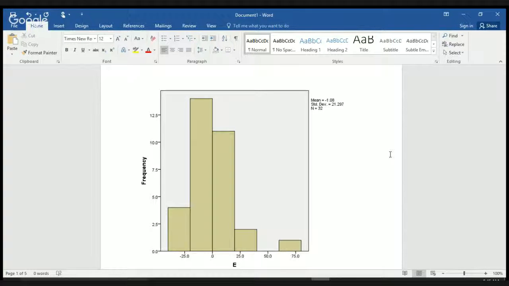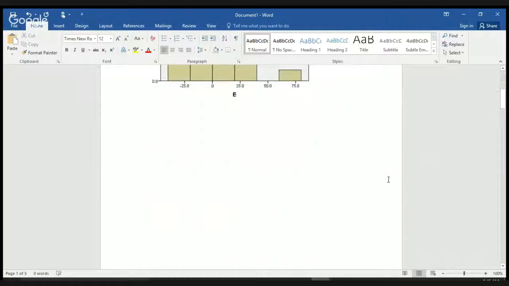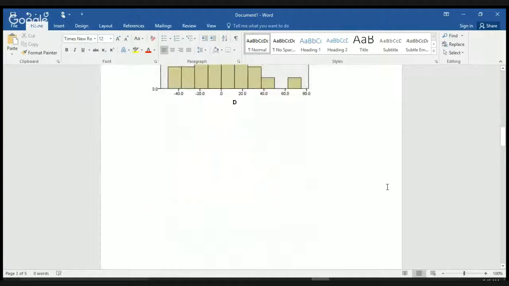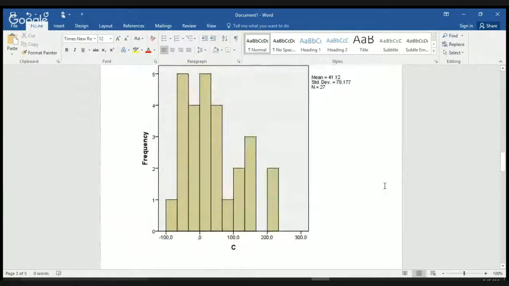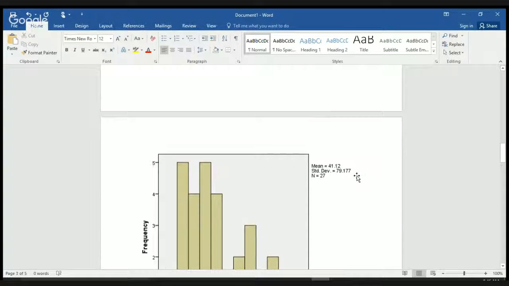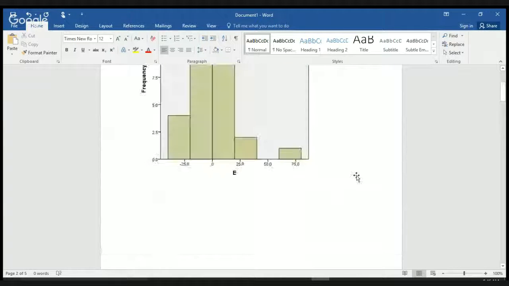Okay, so if you're saving for retirement, which of these would you go with? I said C because the standard deviation was so huge. But maybe the risk would be more if the standard deviation is big, so maybe that's not the best thing. Yeah, I'm thinking you want to go with the lowest one, which would be B, because the lowest standard deviation means you're going to get similar results.